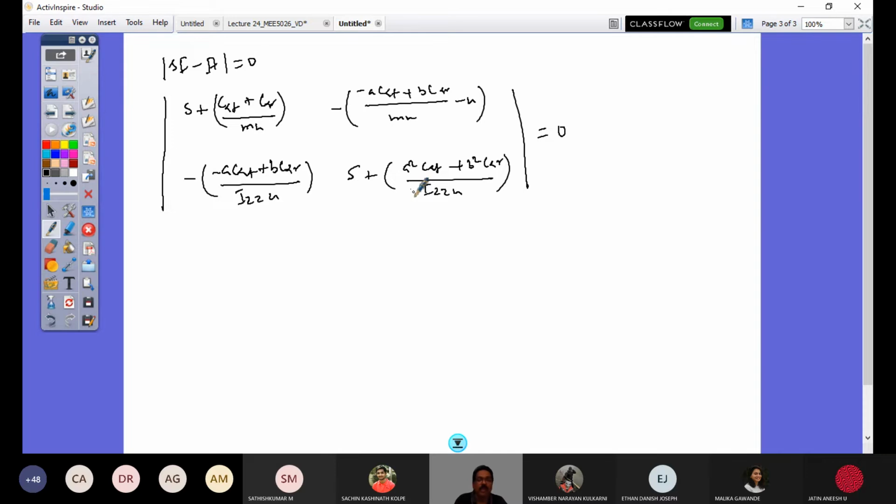If I do so, it's going to be s square plus, now I will have the s coefficient. So s multiplied by this and s multiplied by this.